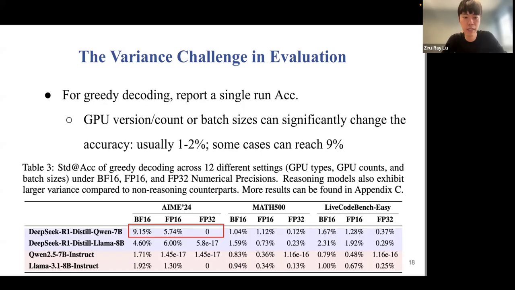You see the final accuracy variation is around 10% for commonly used numerical precisions like BF16. This is pretty problematic. It means if some researcher develops a new algorithm and the accuracy gap is less than 9%, this could be just from hardware noise, not the true improvement.